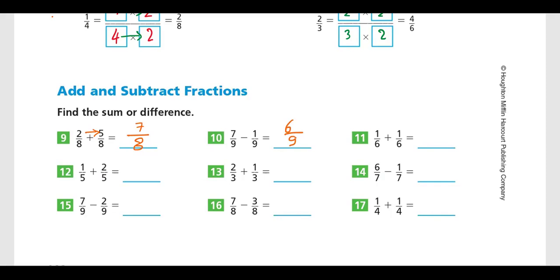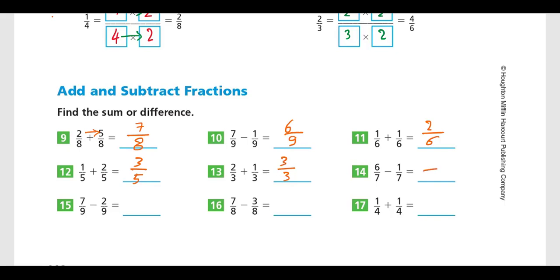The same denominator, 1/6 and 1/6, write one of them, 6, and 1 plus 1 is 2. The same denominator, write 5, and 1 plus 2 is 3. 2/3 plus 1/3: write the denominator down, 3, and 2 plus 1 is 3.